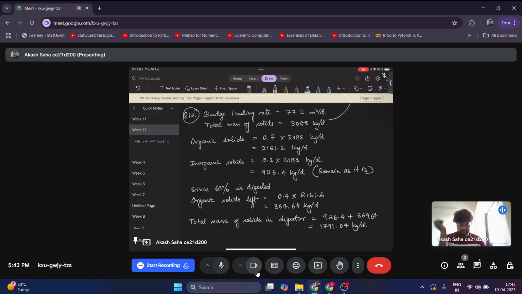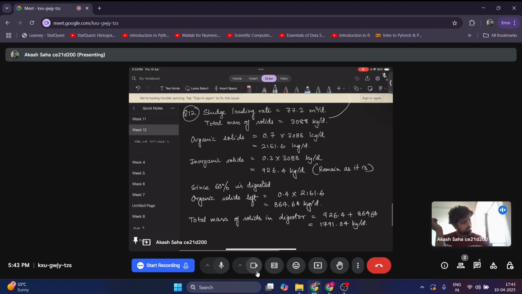We have to find out the sludge accumulation rate. So my sludge accumulation rate will be around 1791.04 divided by 1000 into 5% was the solid, so 0.05.